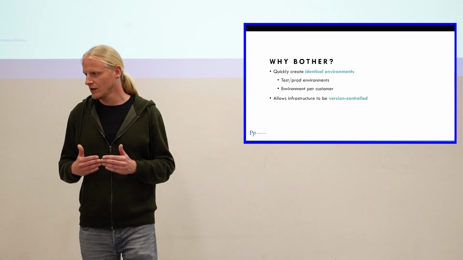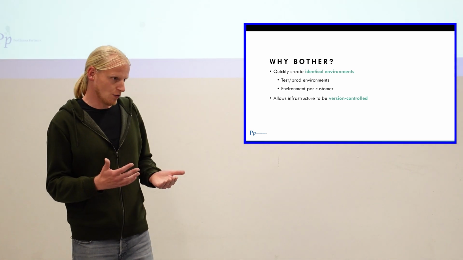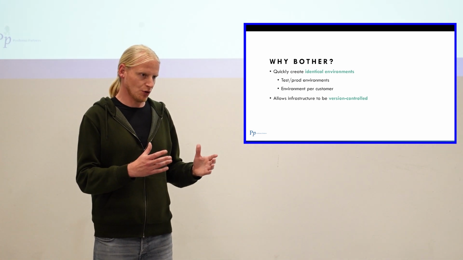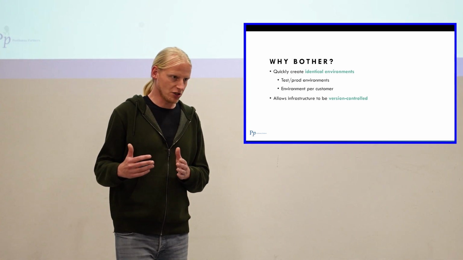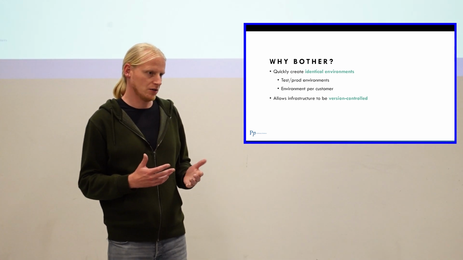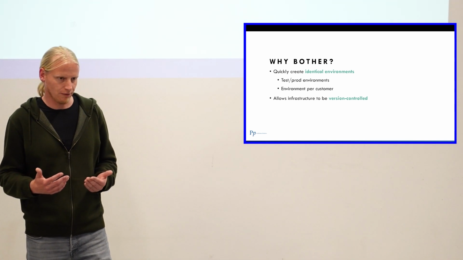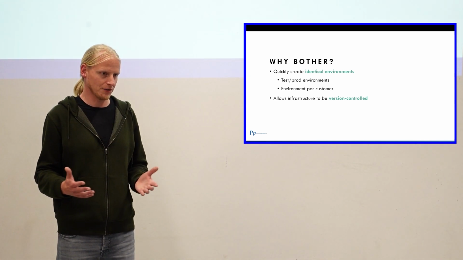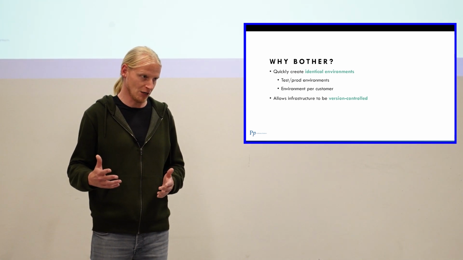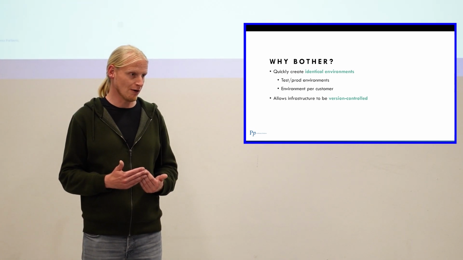And the other use case would be if you have the same application, but you create different environments for each customer of the application. Sometimes that is something that you want. That's also easy to achieve when you have your infrastructure as code files, so you don't have to do all kinds of manual steps to create a new environment.